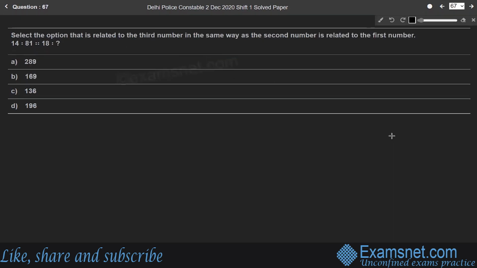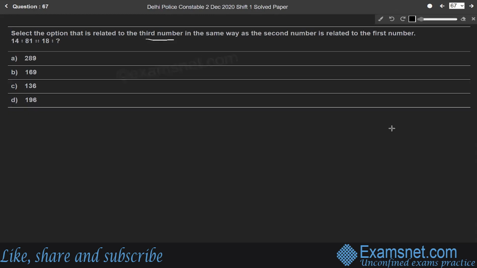Option C. Question 67. Select the option that is related to the third number in the same way as the second number is related to the first number. So, first two numbers are 14 and 81. Right? So, here 14 minus 5 is equal to 9, and square of 9 is equal to 81.